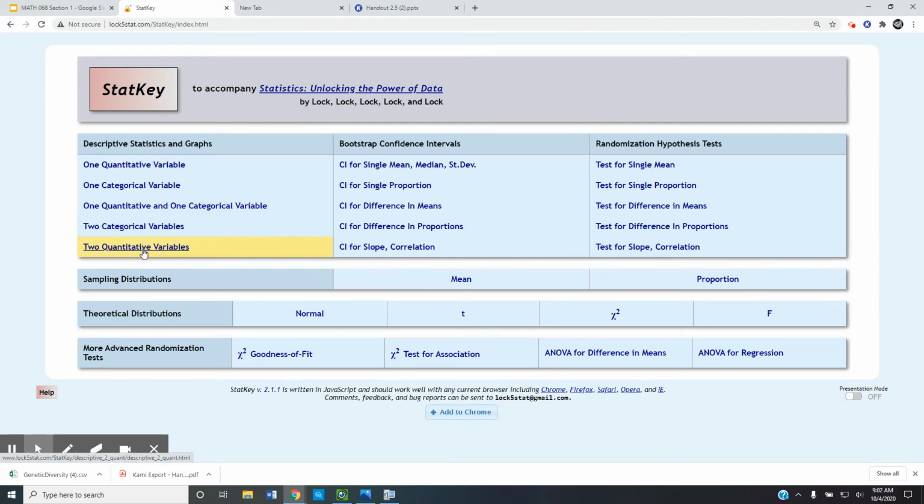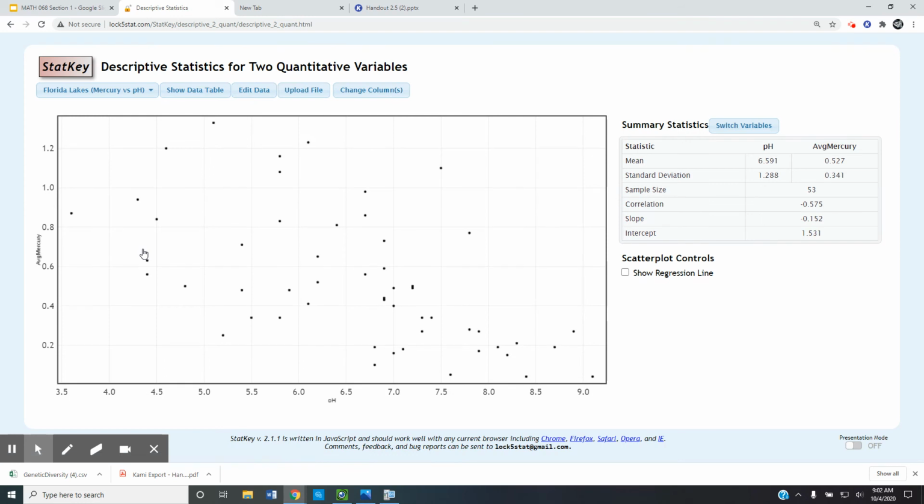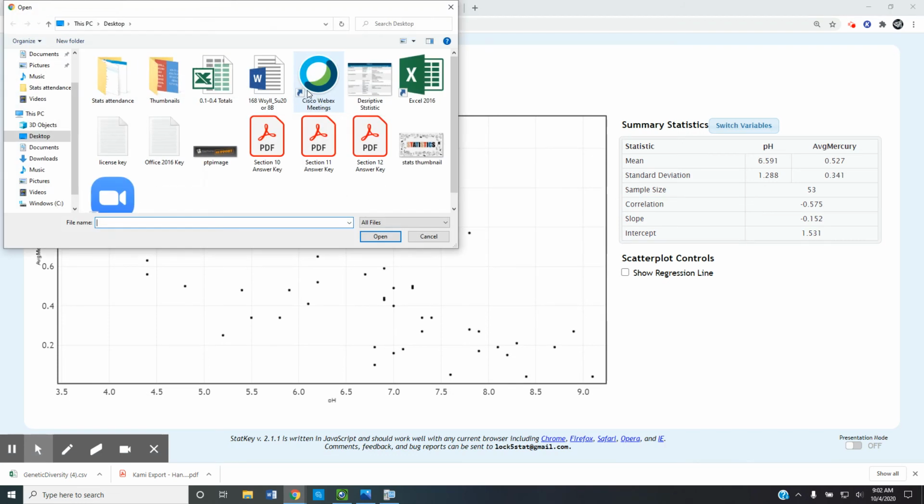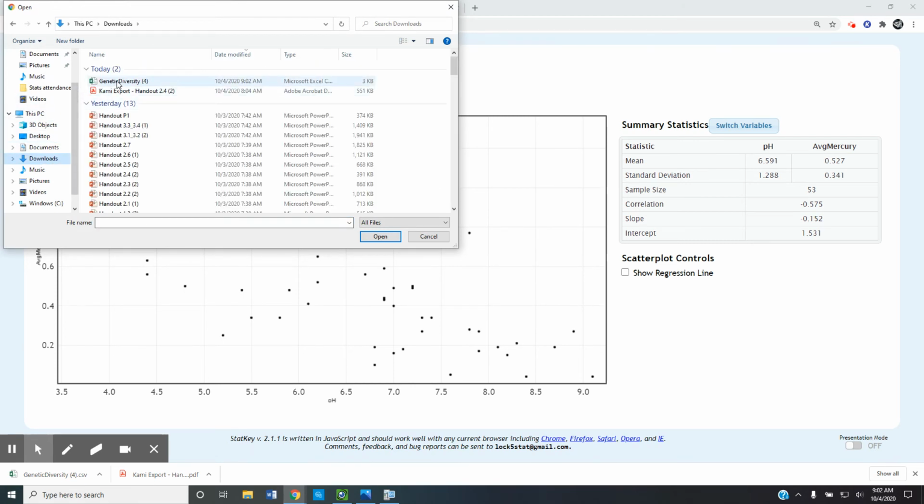Remember what we're working with: two quantitative numbers. So you need to click on the two quantitative selection. Once we're in two quantitative, we're going to upload that data set. Upload. We're going to go to downloads, and from downloads, we're going to choose genetic diversity.